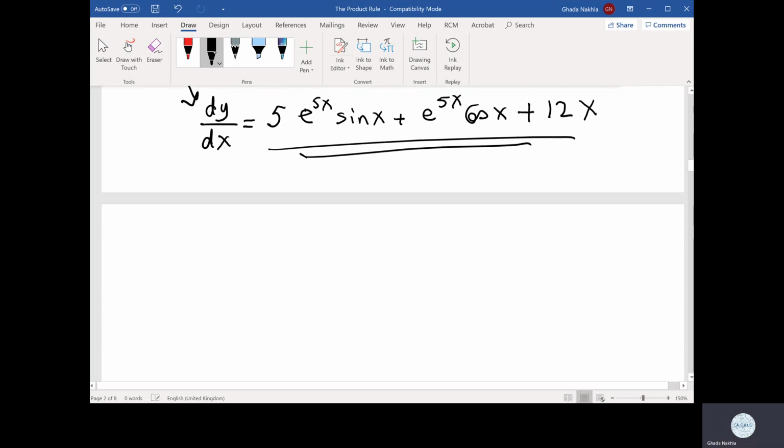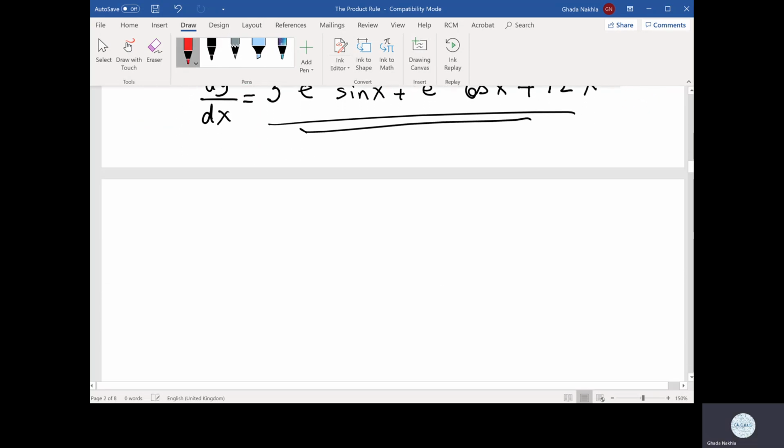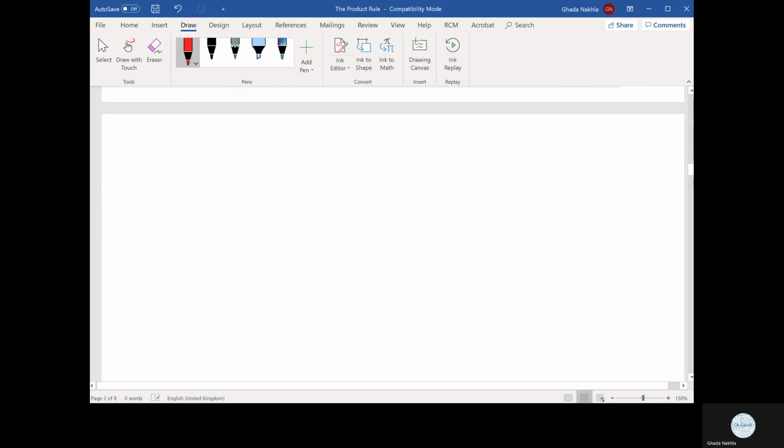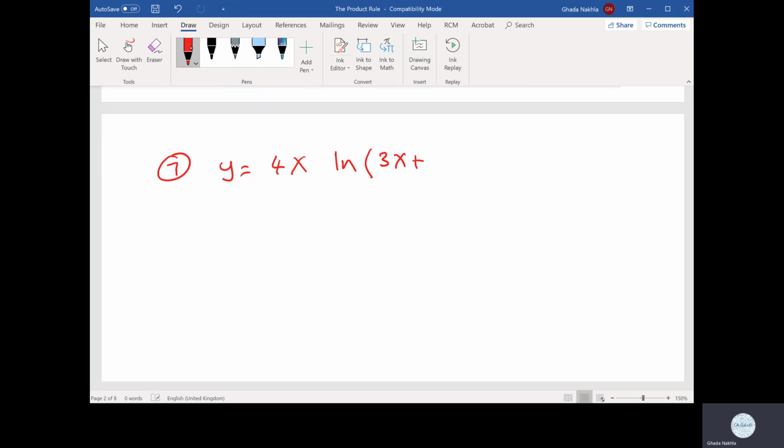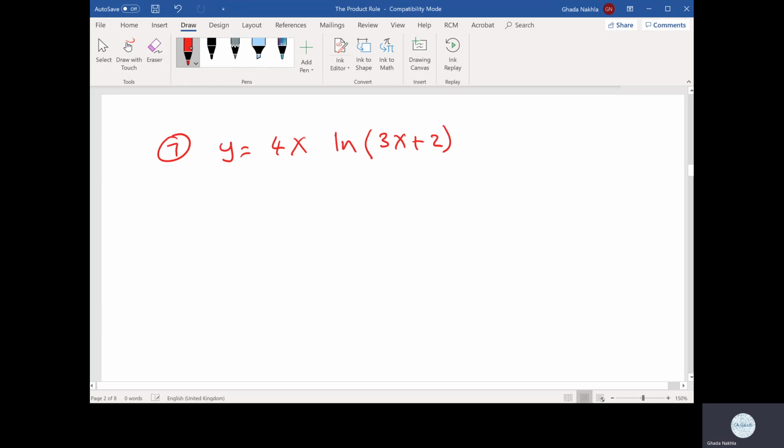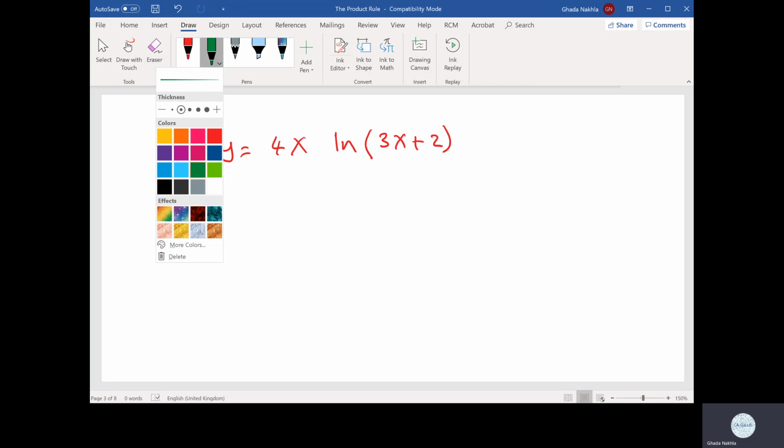Let's take a look at question 7. y equals 4x ln 3x plus 2. Okay, again, this is quite a complex example.